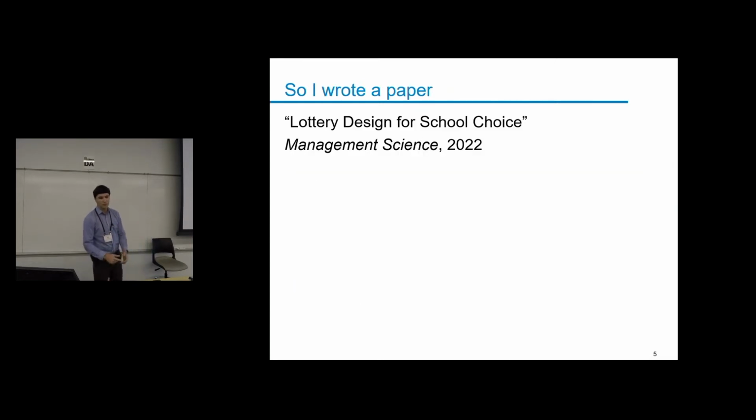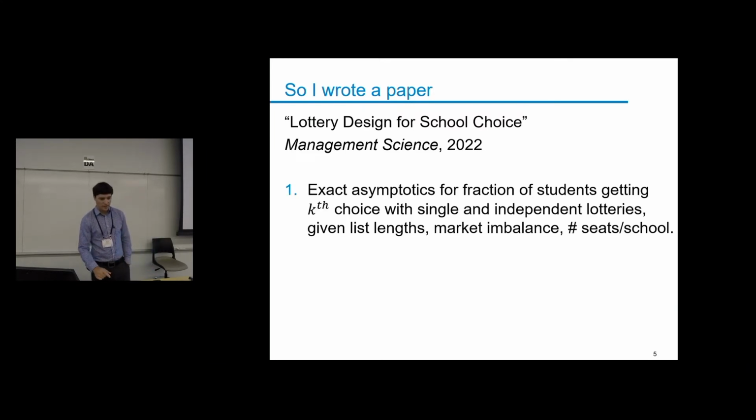So what I ended up doing was writing a paper. That paper was recently published in Management Science. In this paper, one, I give the exact answer for how many students are going to get their first, second, third choice, and so on, as a function of market primitives.